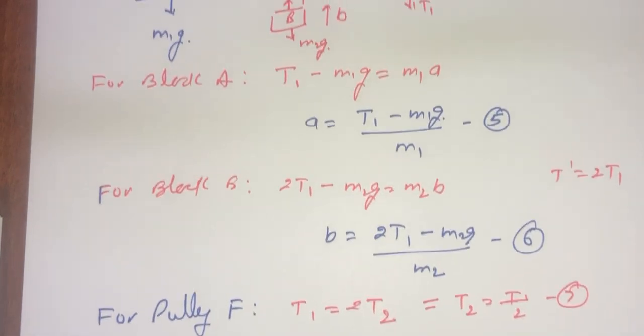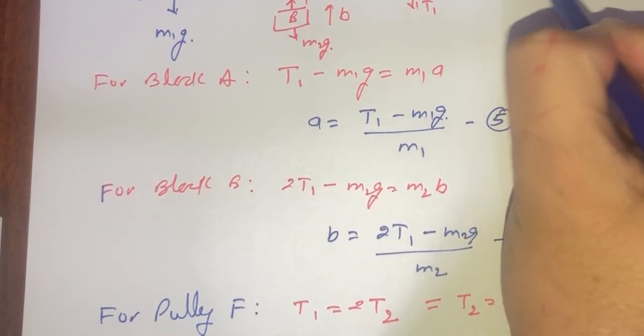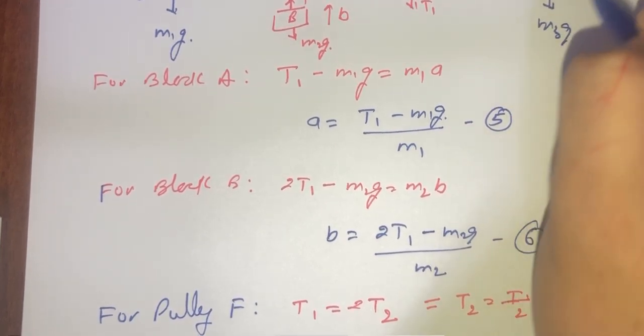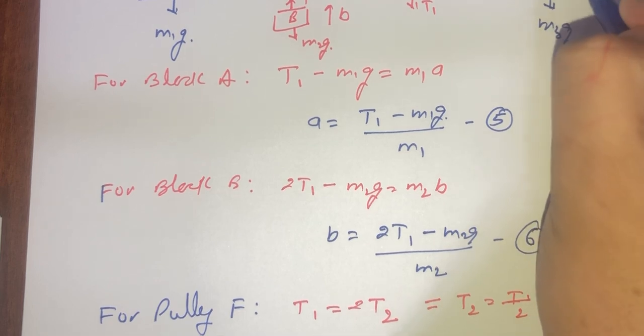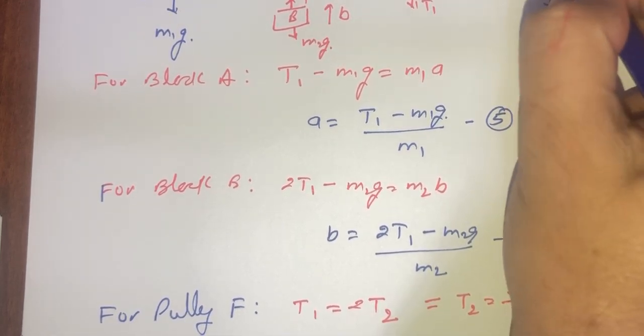And last we have block number C. So this is C. In downward direction it is going to have m3 g. Acceleration is given as C, and in upward direction is tension T2.